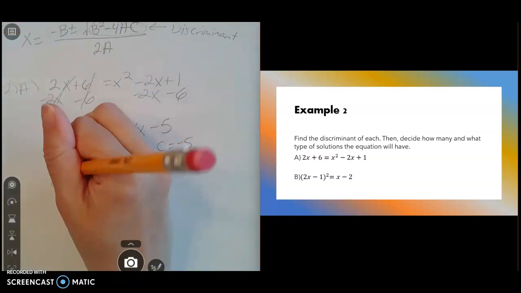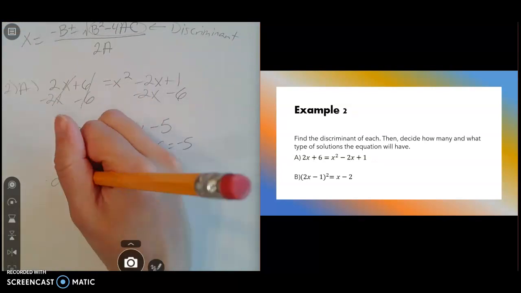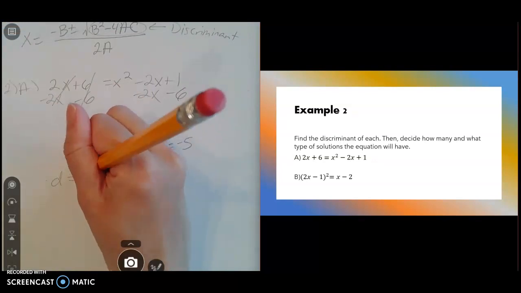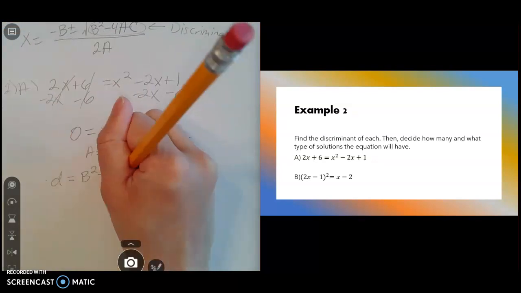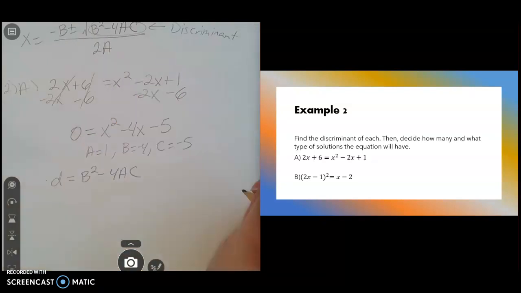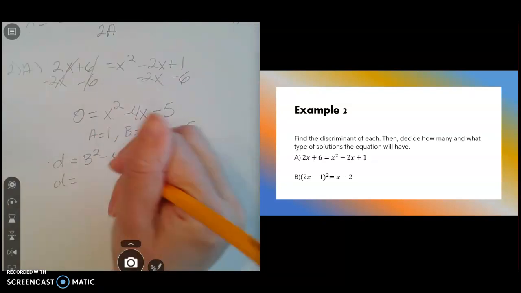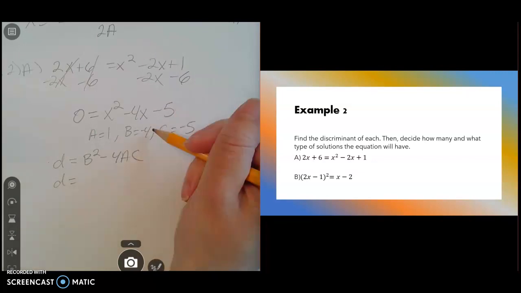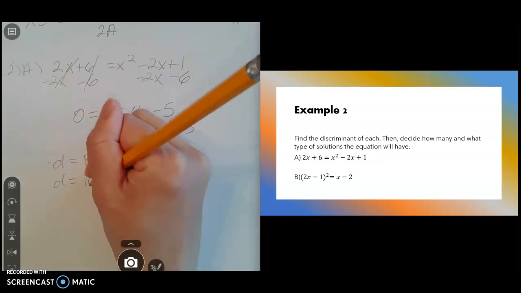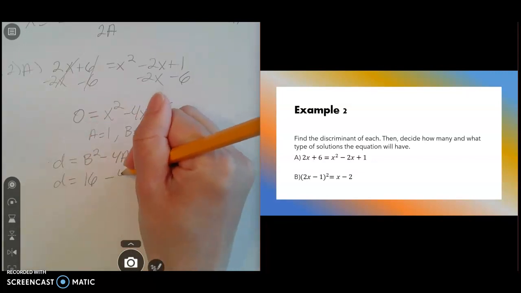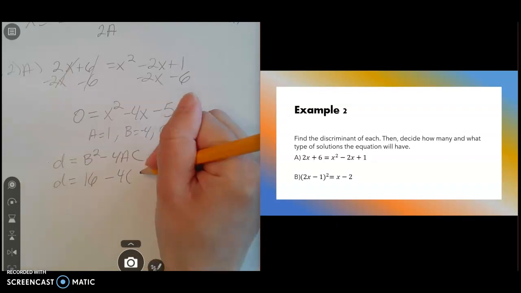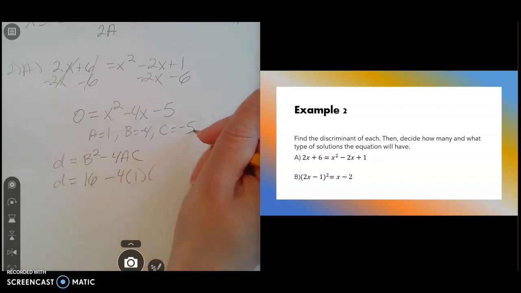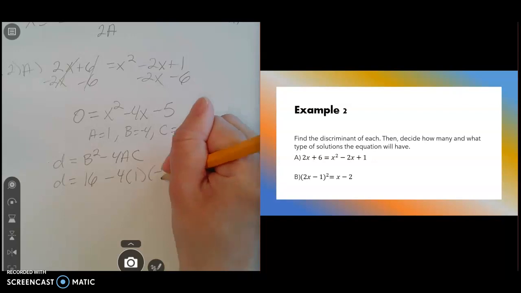So when I am looking at that discriminant, the discriminant is just the b squared minus 4ac part of the equation. So the discriminant for this first one, I'm going to do b squared, so negative 4 squared, which is 16, minus 4 times a, which is 1, times c, which is negative 5.